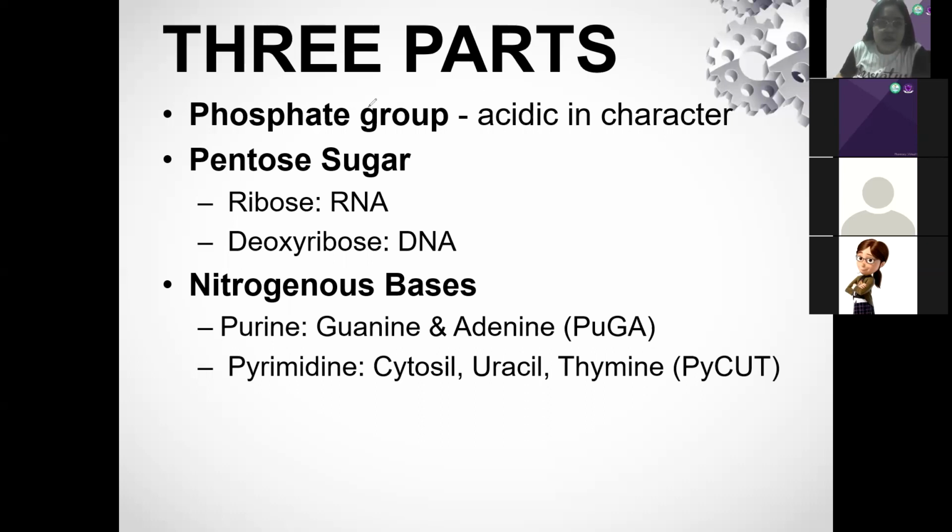I'll edit this. This is not cytosil, ha? This is cytosine. Cytosine, uracil, and thymine. Okay, cytosine, uracil, and thymine. That's for the pyrimidine bases. So all of them, class, are parts of our nucleic acid.